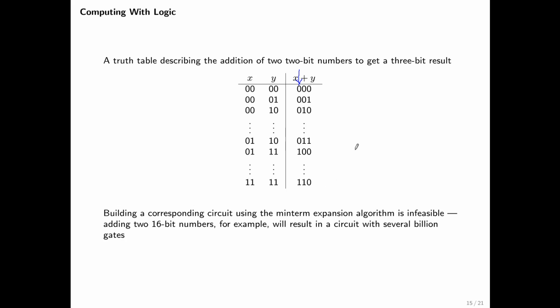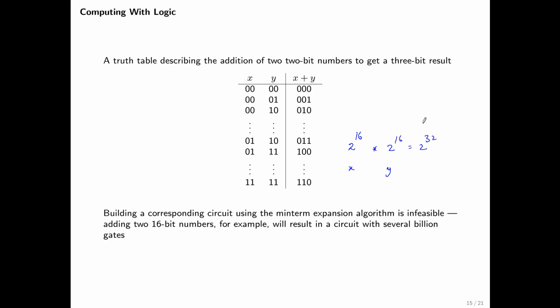But that is quite tedious, because, for example, if your inputs are not 2-bit numbers but 16-bit numbers, you're going to have a huge number of rows in the truth table. For X you have 2 to the 16 possibilities, for Y you have 2 to the 16 possibilities, so the total number of rows is that times that, which is 2 to the 32.